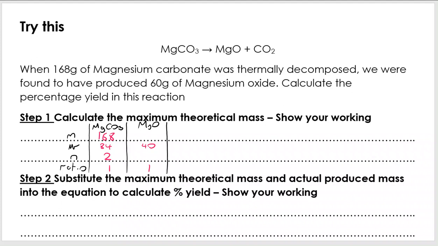So if 1 mole makes 1 mole, 2 moles will make 2 moles, and I now have n and MR that I can multiply together to get my maximum theoretical mass yield, 80 grams. I didn't make 80 grams, I only made 60 grams. So I do 60 divided by 80, multiplied by 100, and I get 75%.